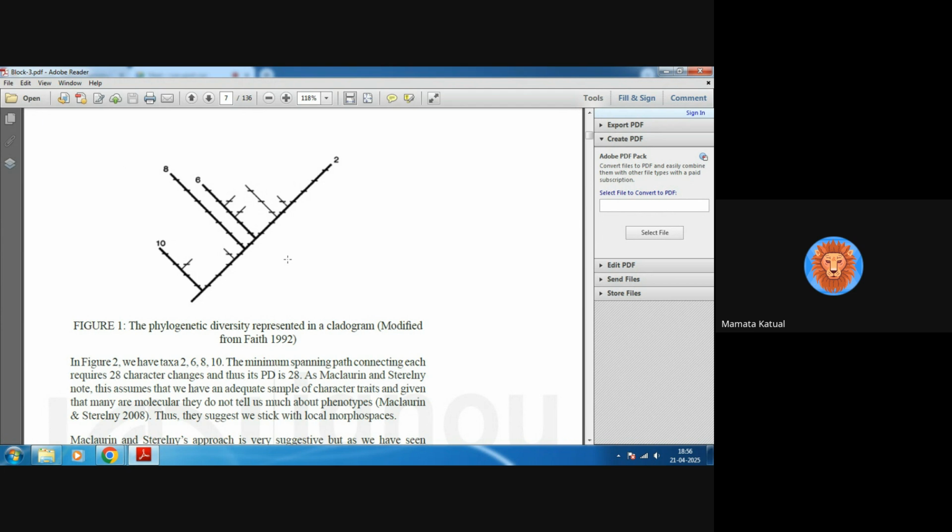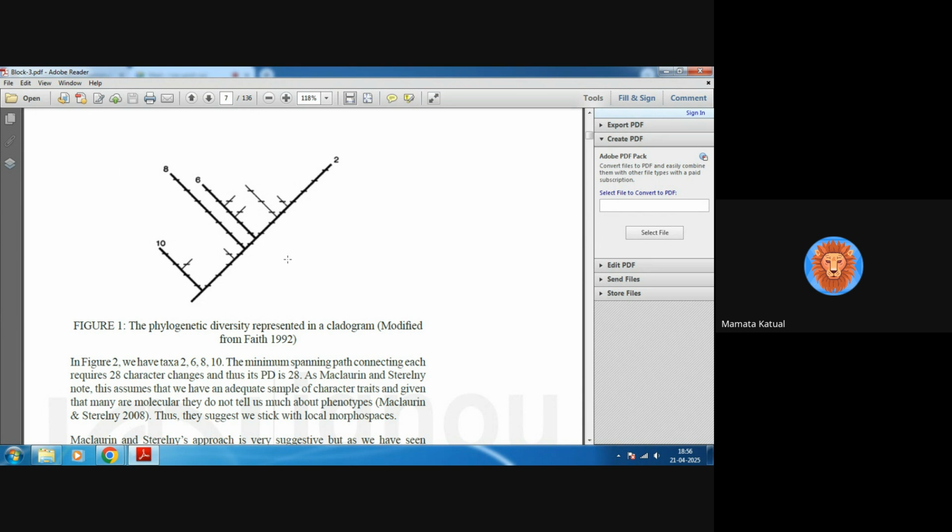So if the length of the branches is more, then there is more difference. More difference means they are evolutionarily very different.